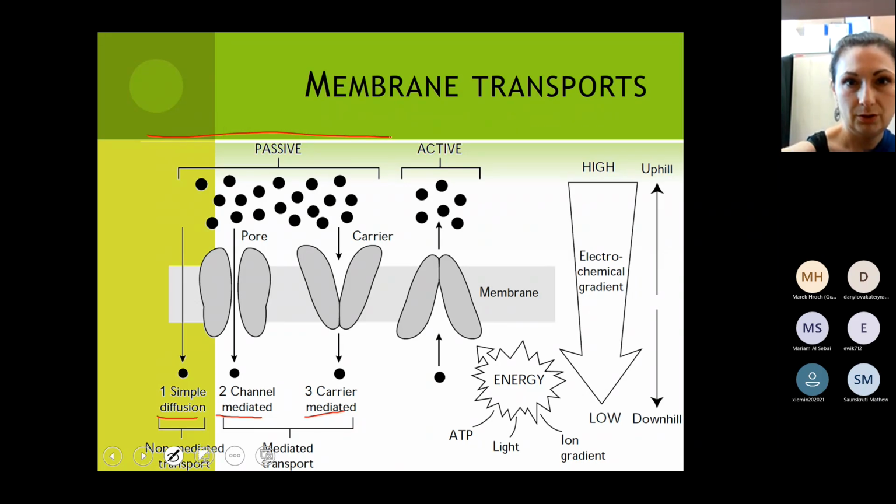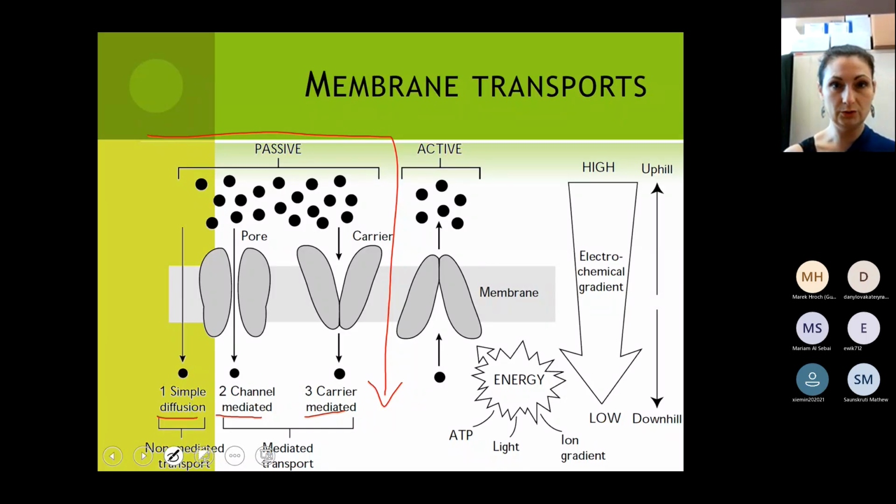Passive diffusion goes along the concentration gradient, from the higher concentration to the lower concentration. On the other hand, active transport requires energy, therefore we call it active, and it can go from the less concentrated part to the more concentrated part. So we are pushing people into the crowded room. I will show you the video.